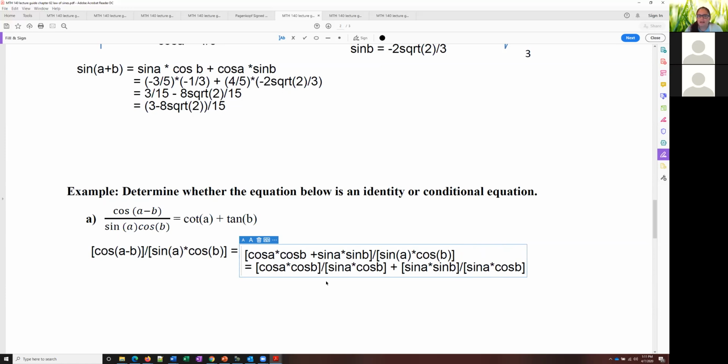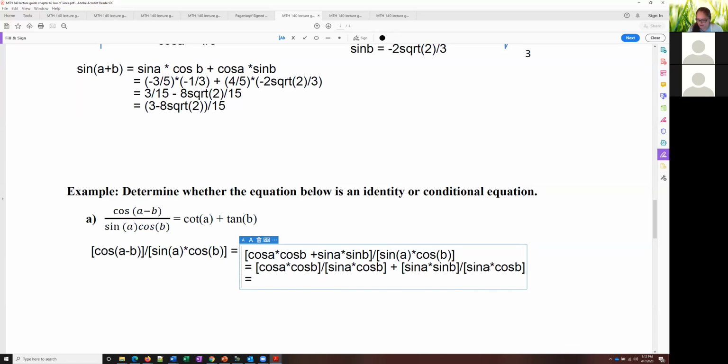Okay. Now, notice my first fraction has a cosine B on the top and on the bottom. I can cancel those out. And my second fraction has a sine A on the top and a sine A on the bottom. I can cancel those out. So both fractions can be simplified.